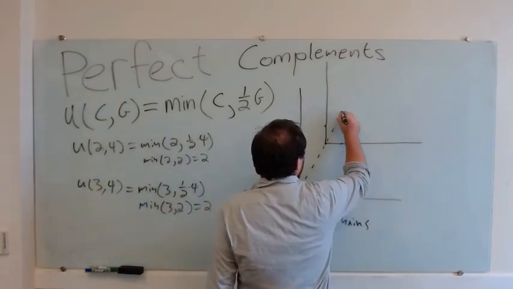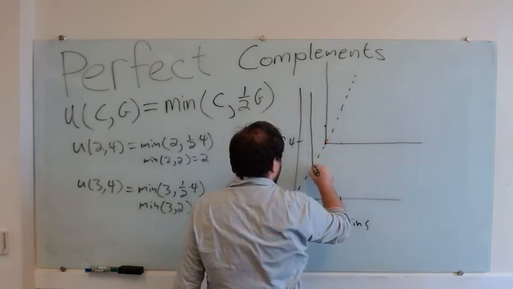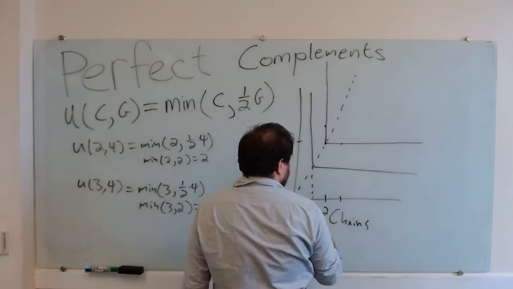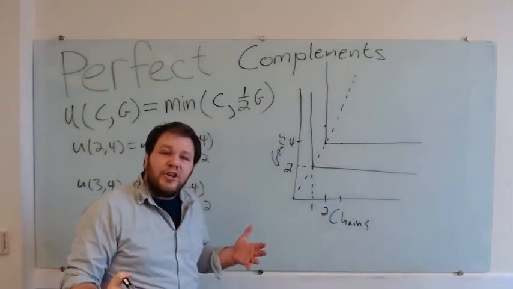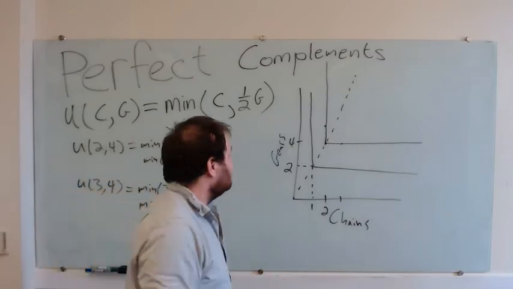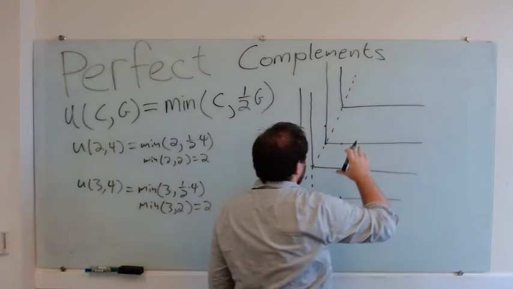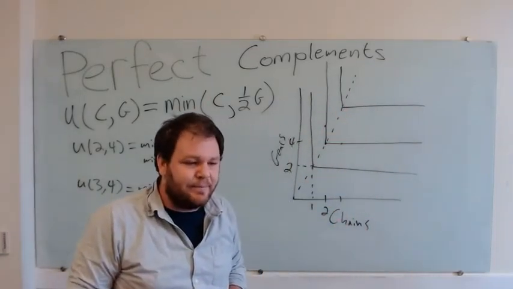Well, all the indifference curves that I add are going to have a kink at that same ratio of 1 to 2. In other words, the kink's going to be when I have 1 chain and 2 gears, 3 chains and 6 gears, et cetera. I'm just going to have a bunch of indifference curves, all of which are right angles, all of which kink at the same ratio. Awesome.